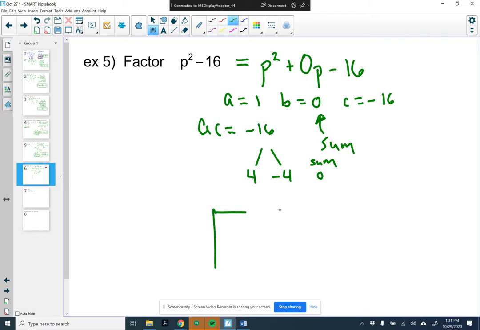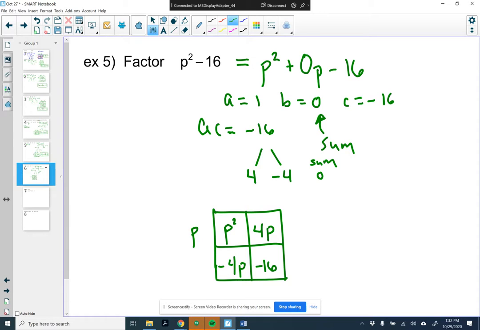This is only working because 16 is a perfect square. 16 is 4 times 4. We've seen examples where we did it with 49, with 25. It only works for perfect squares. First term gets the first square, last term gets the last square, and in the other two, we do a 4p and a -4p that will add up to 0, right?